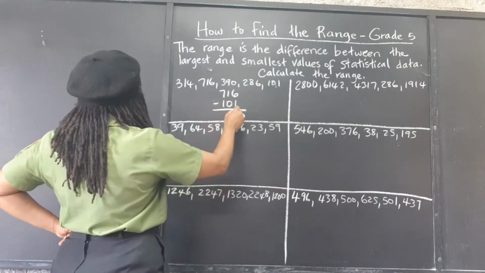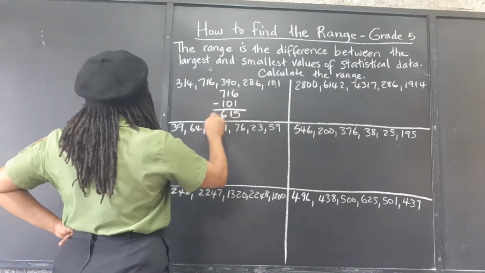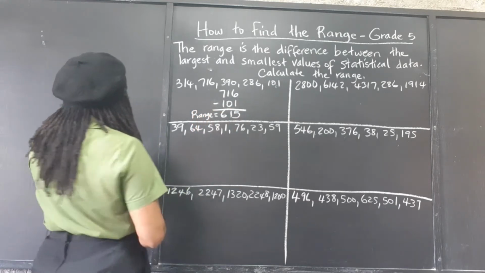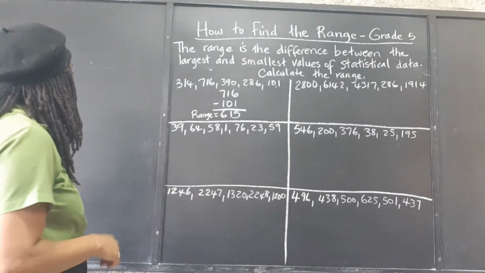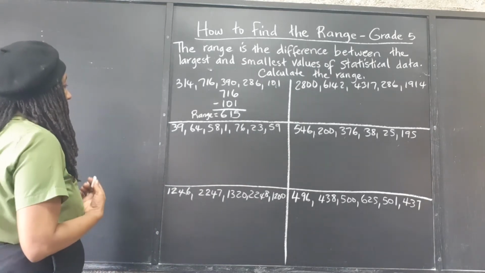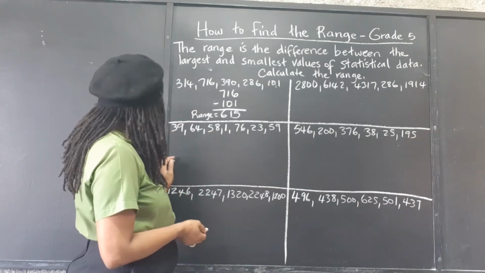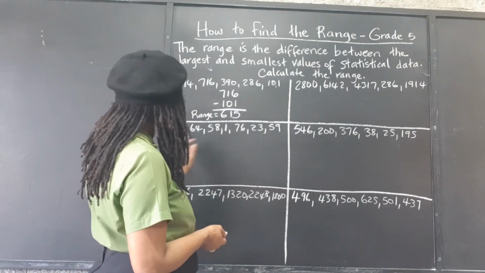So the range then would be 605. So the range is 615.